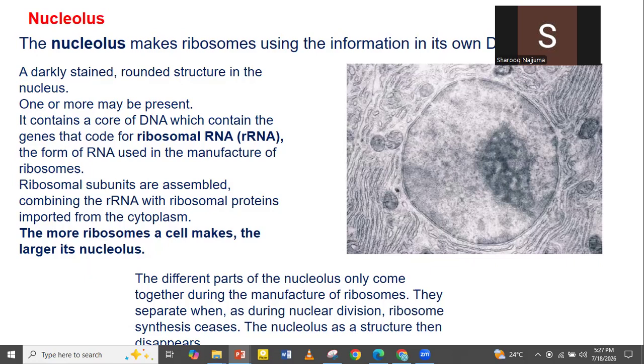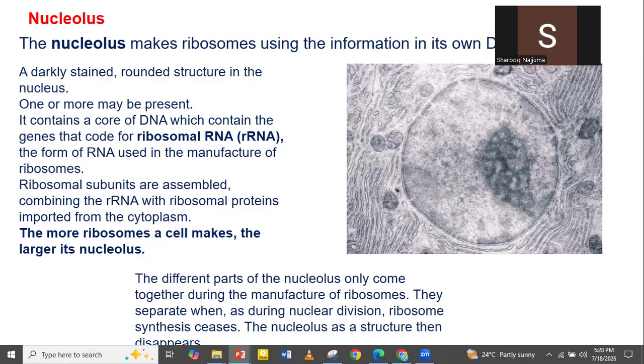And within a nucleus, a nucleus could have one nucleolus, or it could have more. Yes, it can have one or more nucleoli. And when you look at that nucleolus, it contains DNA, which has genes that it uses to form ribosomal RNA.